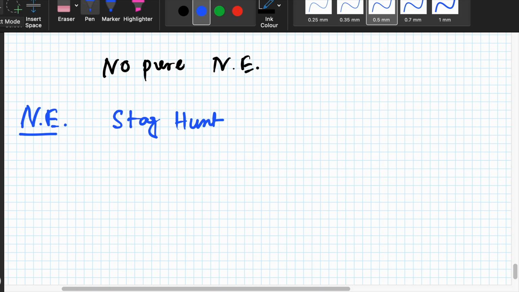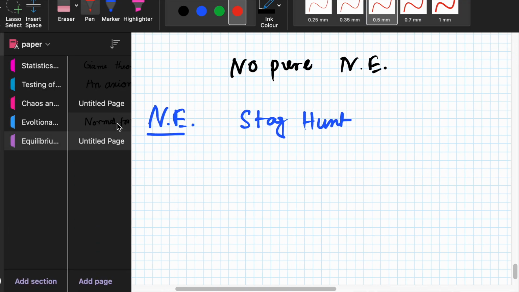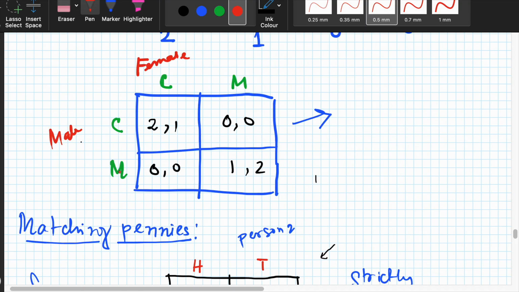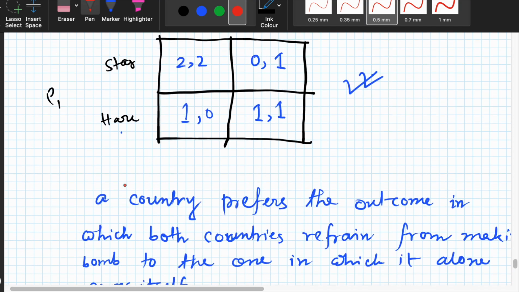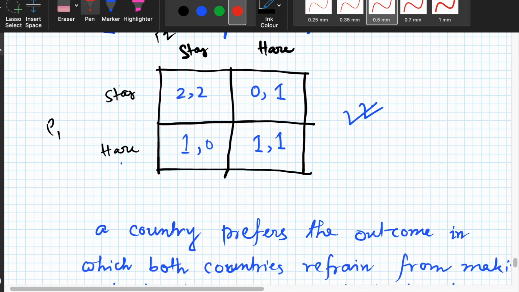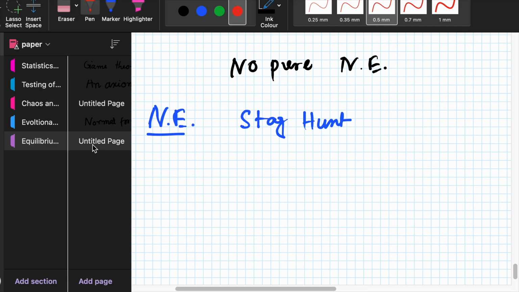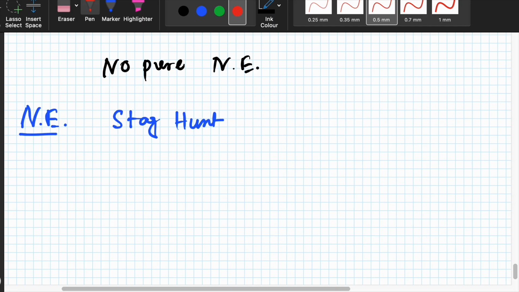So let me rewrite the stag hunt game and see what the payoffs are.